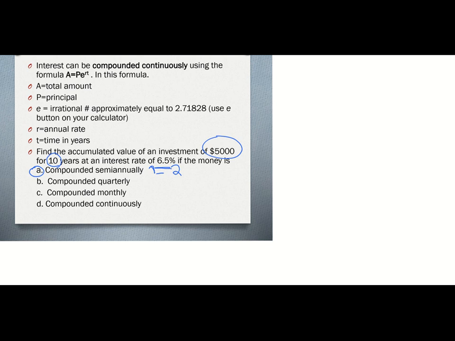And remember, for our formula, if it's not compounded continuously, we're going to use our formula. A is equal to P times 1 plus the rate divided by the number of times compounded, raised to the nt power.